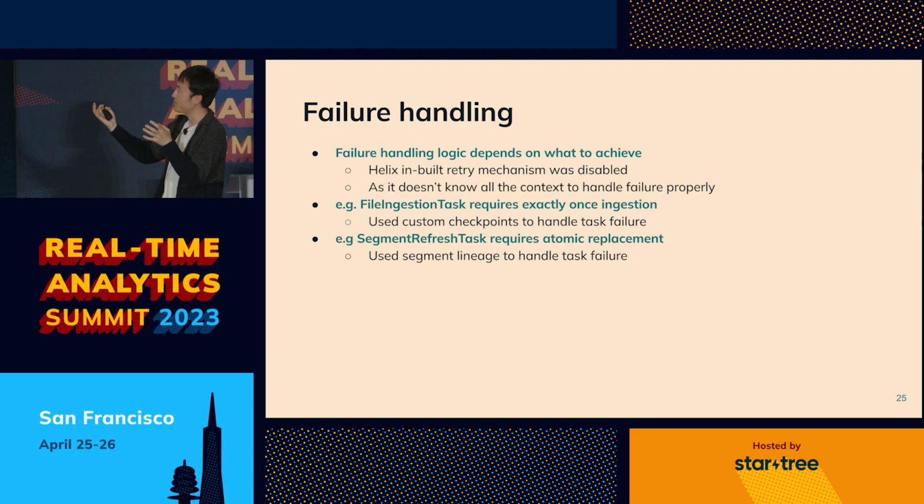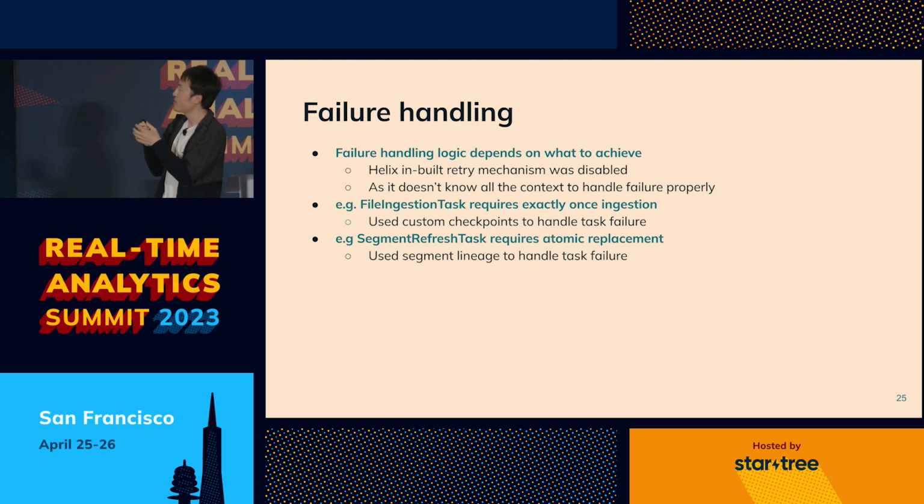So when the generator kicks in again to figure out what the next batch of tasks is, it needs to check these checkpoints and also ask Helix about the task status to identify task failures. It also needs to identify whether there is any file that is not able to be processed and needs to be skipped. And a third thing is it needs to figure out if there are any segments that need to be removed before you try to redo those input files.